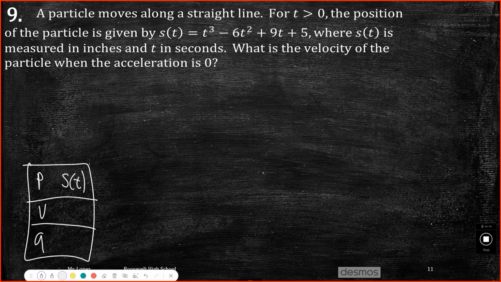You've got to go all the way to the acceleration, find when the acceleration equals 0, at what time, and then come back to the velocity function and find what the velocity is. Make sense or no?